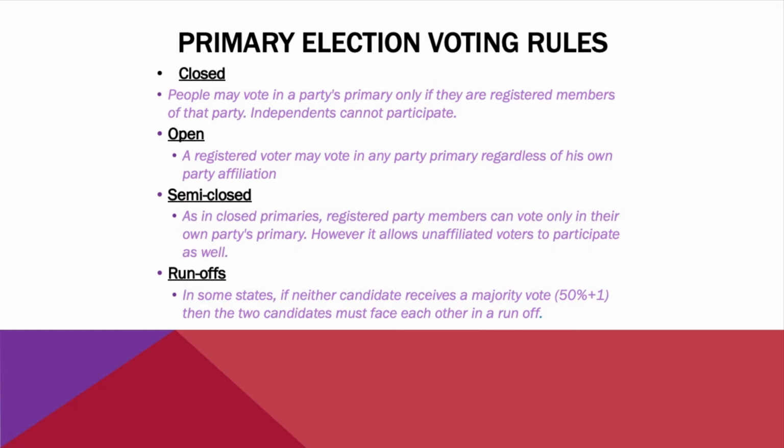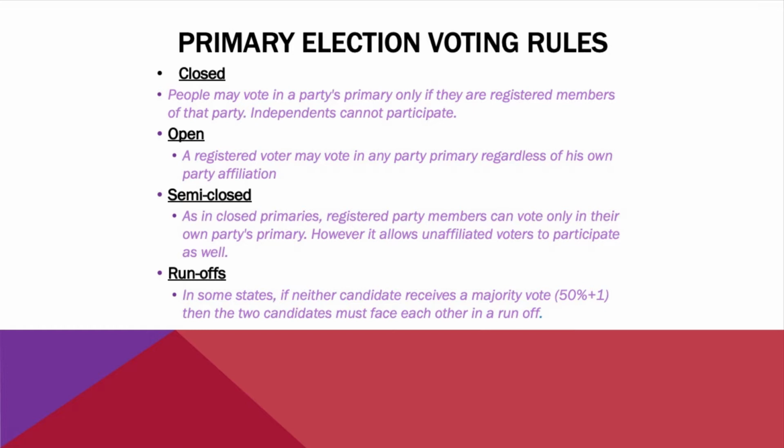In this system, a registered Republican may vote in the Democratic primary, and a registered Democrat may vote in the Republican primary. A semi-closed primary is just like a closed primary, meaning that if you're registered Republican, you must vote in the Republican primary, but independents may choose which primary they'd like to participate in.